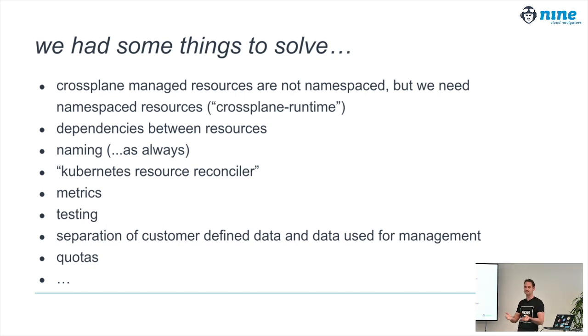So a Helm release is not namespaced. Our resources are namespaced. If they're not namespaced, they need a unique name. So we need to derive from our resources a unique name when creating a Helm release. That had to be solved. It was solved. Kubernetes resource reconciler.